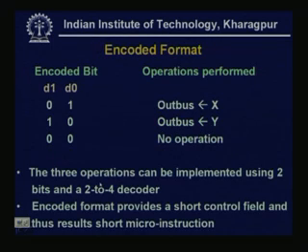Now, the same thing can be done in a different way in an encoded format. As it is encoded format, the relationship is like that. Say these are some bits D1, D0. If we consider these three operations, we implement them using 2 bits and a 2 to 4 decoder.